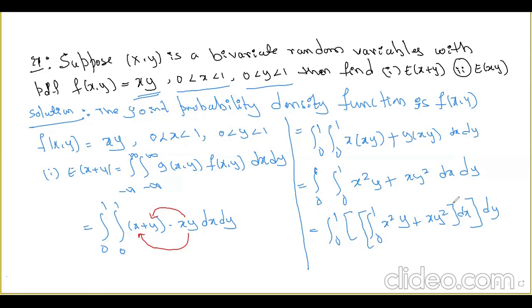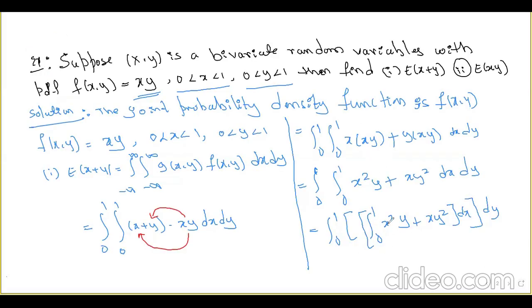So this is with respect to dx. Now this equals 0 to 1 as it is, open bracket. So what do we have here? The integration of x square y with respect to dx, right?